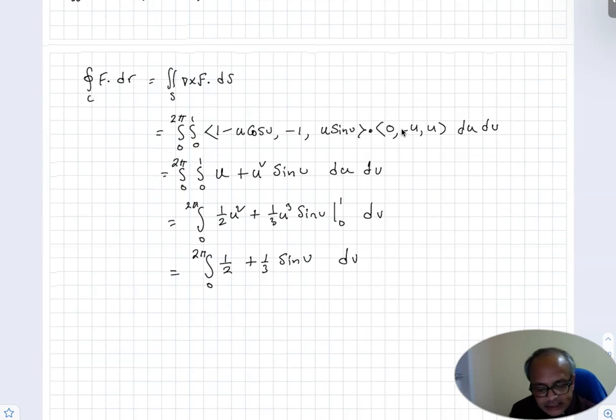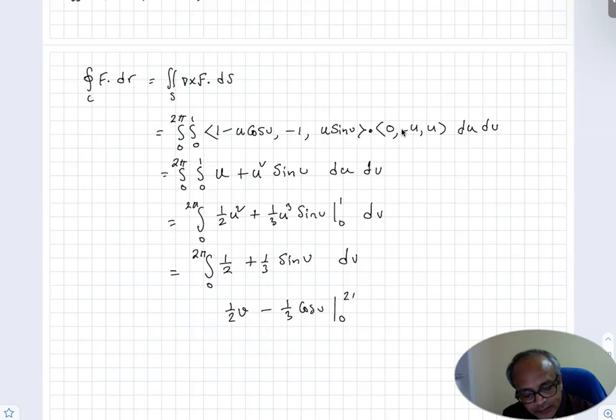Now this integration is with respect to v. When you integrate half with respect to v, you get half v, plus 1/3 times the integral of sin v, whose antiderivative is negative cos v, so you get a minus sign, from 0 to 2 pi.